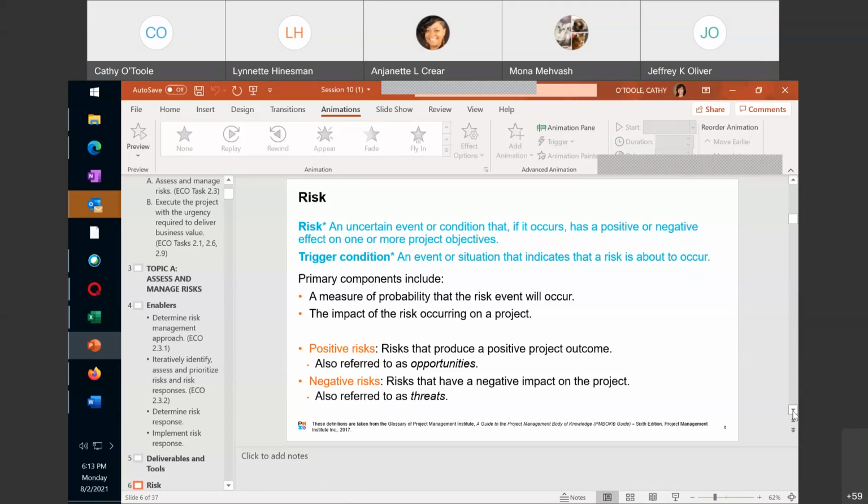And the trigger condition would be that warnings were everywhere in their state, and right around the timeline when we need them to do testing and be available to the project team, they couldn't do it because they had to go prepare for the hurricane and shut the office down.